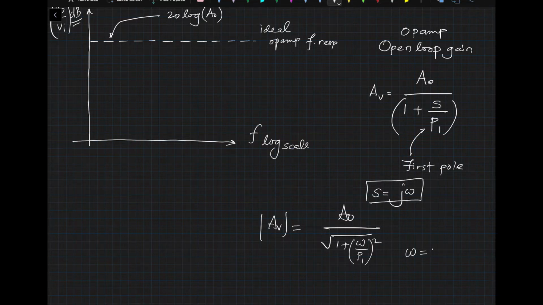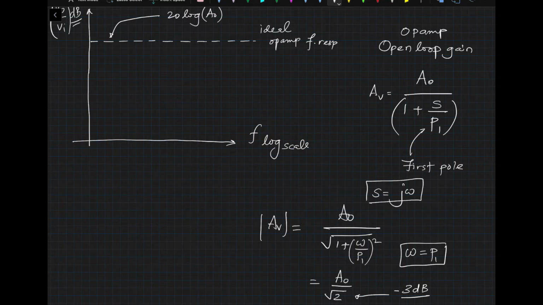And when omega is equal to P1, at the pole frequency, we will see this looks like A0 divided by root 2. And root 2 in the dB terms is minus 3 dB. Now this is something that you have looked at from the Bode plot point of view. I'm just telling you that the op-amp, we can assume for the sake of discussion, has only one pole for now. And the pole location is at some frequency P1.